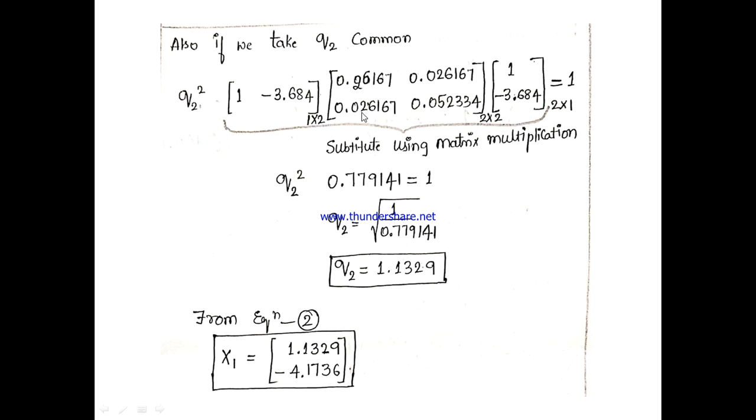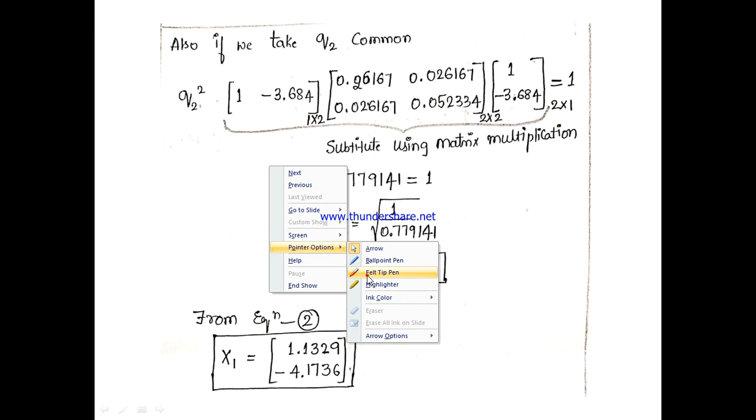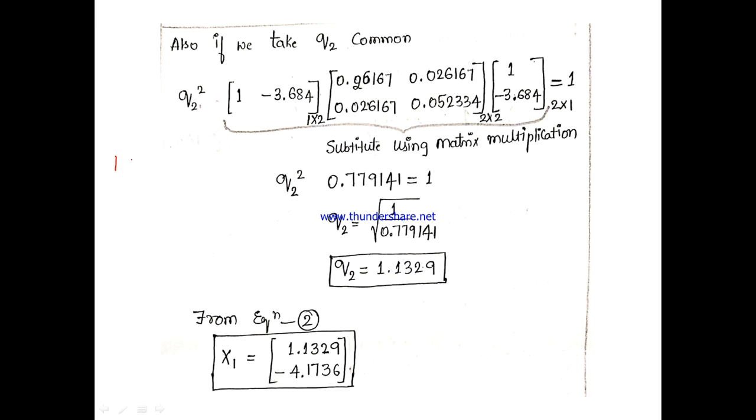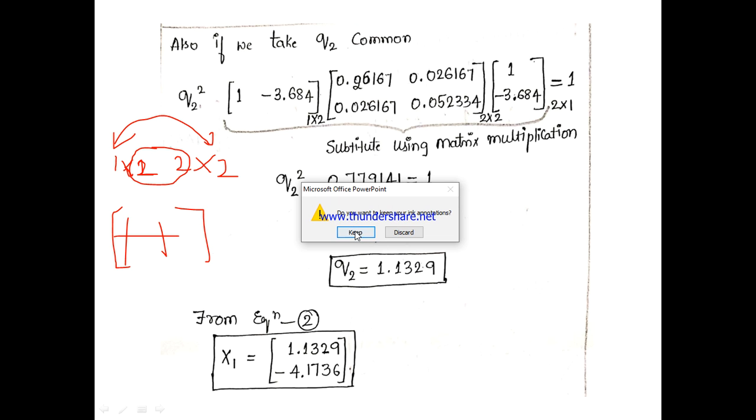When I multiply these two, these two inner numbers should be the same. If they are the same, I can multiply the matrices; if not, I can't. So finally I get a 1 by 2 matrix, 1 row 2 columns.